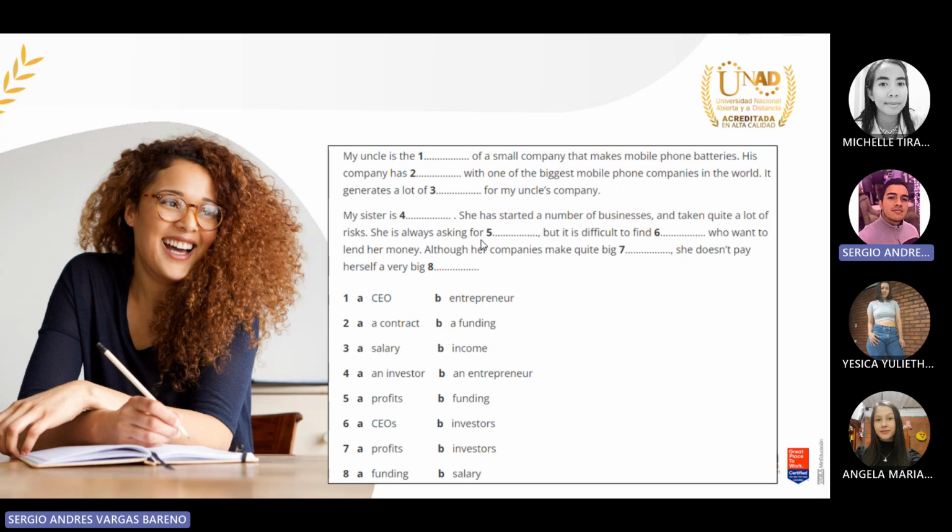She's always asking for blank, but it's difficult to find blank who want to lend her money. Although her companies make quite big blank, she doesn't pay herself a very big blank. So check the different options for these spaces and let's complete it.